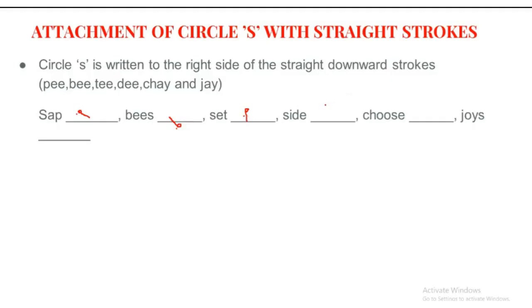Side, S circle, and then D, it is diphthong, it will be written above the line. Choose, J stroke and S circle, final vowel, and joys, J stroke and S circle. It will be written above the line क्योंकि इसमें भी diphthong है.